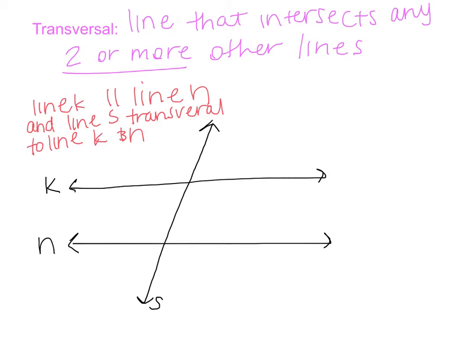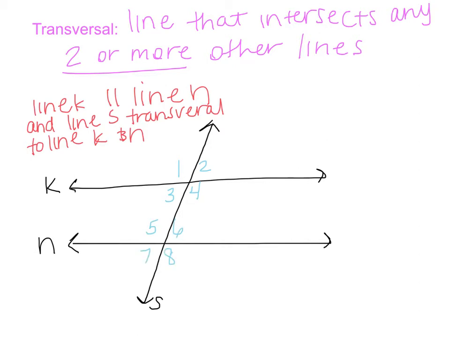Now notice when we do this, we create other angles. So we have an angle here, here, here, here, here, here, here, and here. So let's go ahead and label those with numbers. So we can say this is 1, 2, 3, 4, 5, 6, 7, and 8.